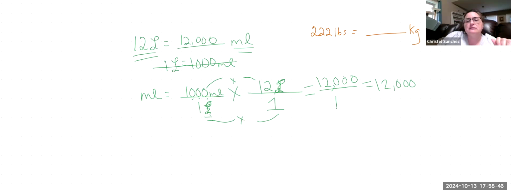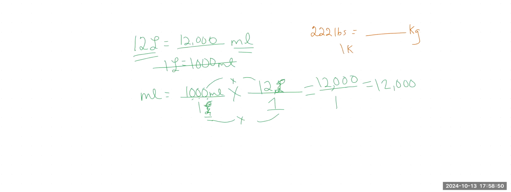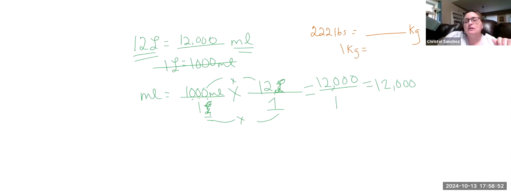How many pounds equals a kilogram? 2.2. Okay, since this does not have any zeros, it doesn't have your 10, 100, 1,000 in it, you won't be able to do the King Henry thing. You're going to have to know how to do it this way.